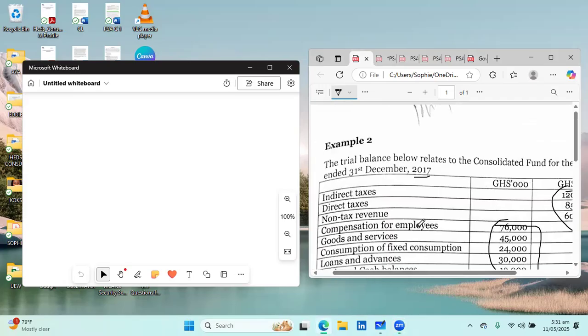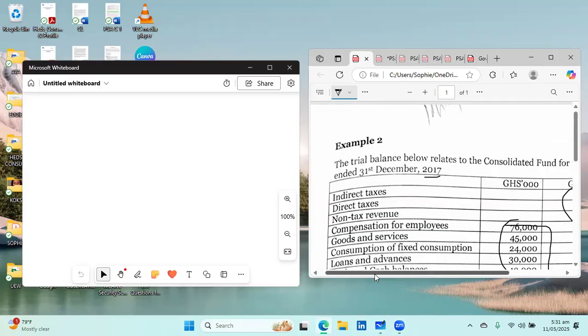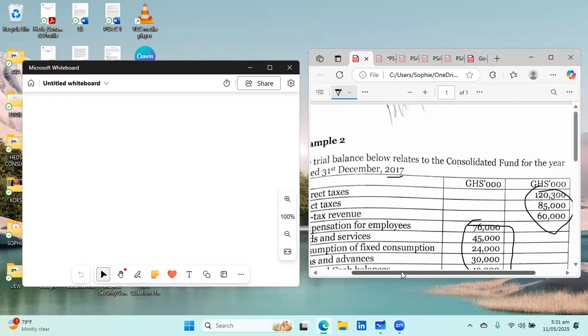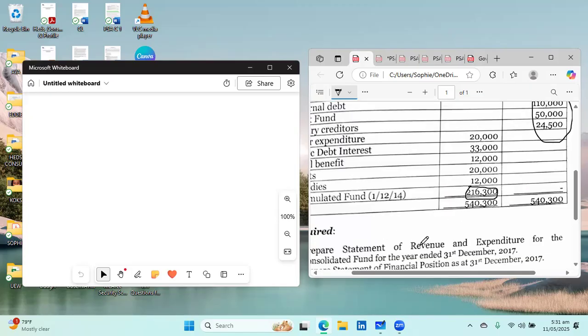But if you are preparing an account for a school, a university, a hospital, or a Municipal Assembly, you will not see direct or indirect tax as part of the revenue stream, because that's not central government. So take note in the question which one you are being asked to prepare the account for. Is it a central government account? This one is for the consolidated fund.